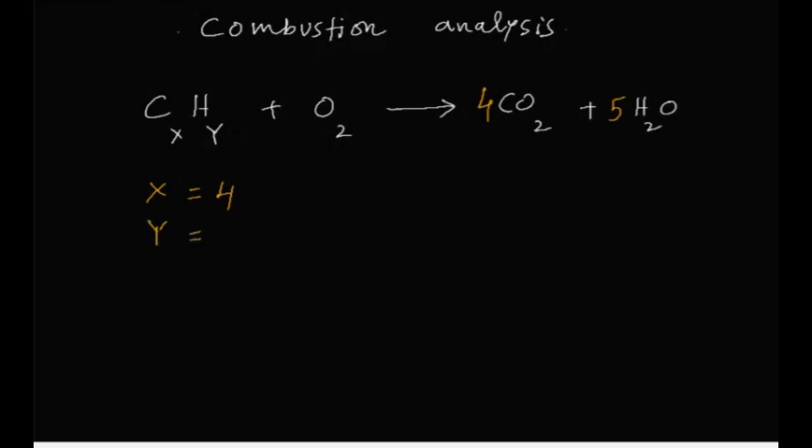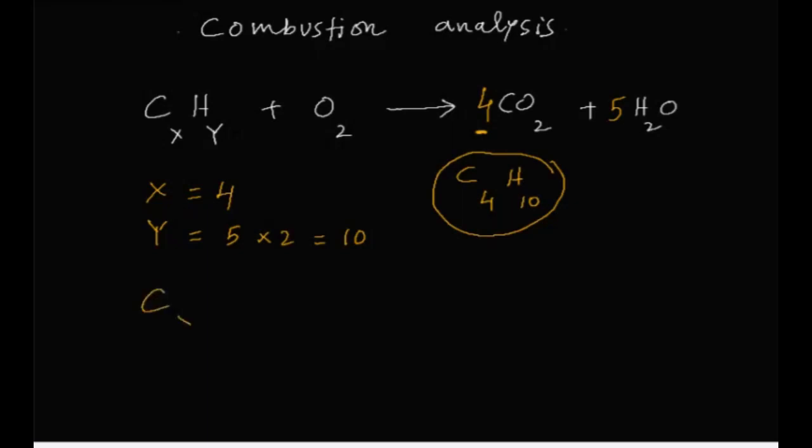So to get the value of Y, because there is a number 5 there, if you make it 2 times, you will get 10. So this was actually butane. X is 4 and Y is 10. So the formula of this hydrocarbon or alkane must be C4H10. Then you can balance the rest of the elements. There is just one element left, which is oxygen. It means that from these coefficients, you can get the formula.